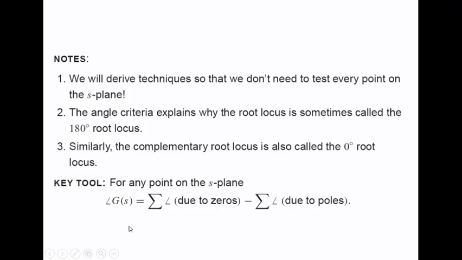If the angle of G of s is equal to 180 degrees, we will simply say that the point for which the angles were calculated is on the root locus. If the angle of G of s is not equal to 180 degrees, we will simply conclude that that particular point is not on the root locus.